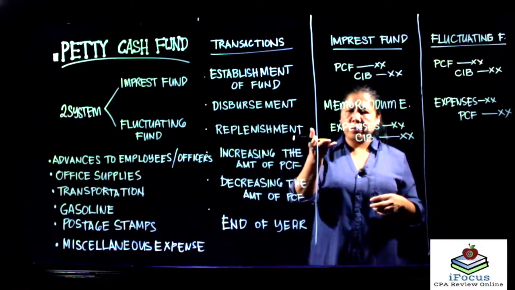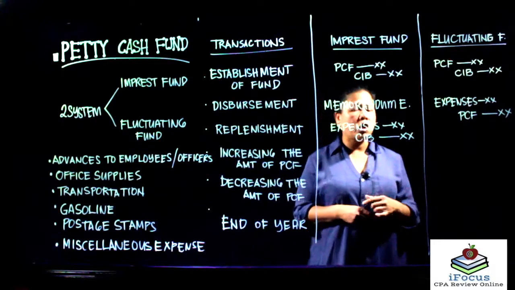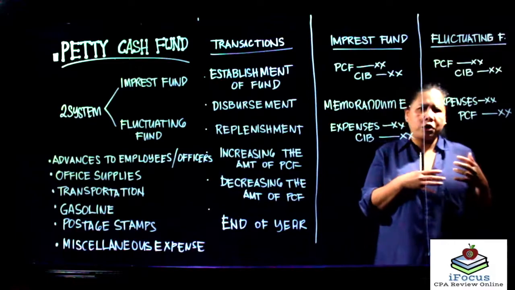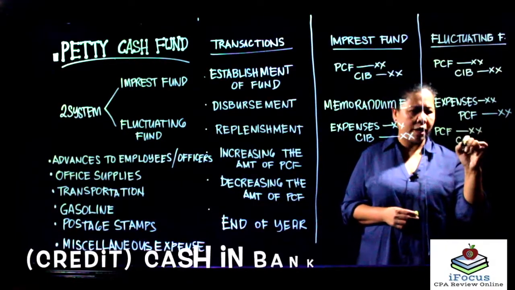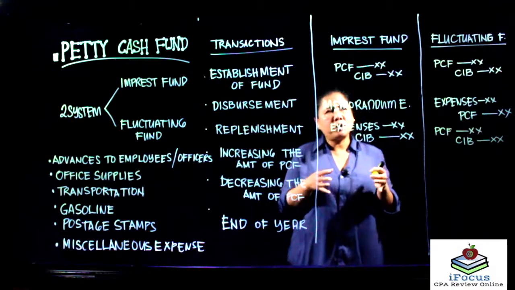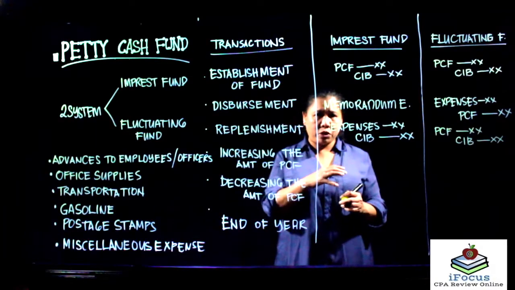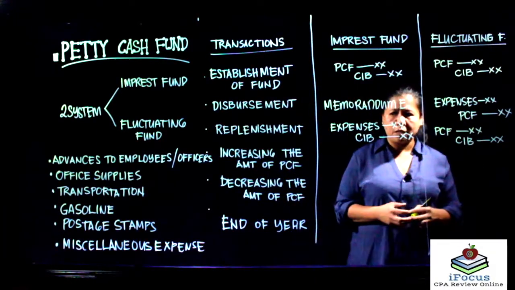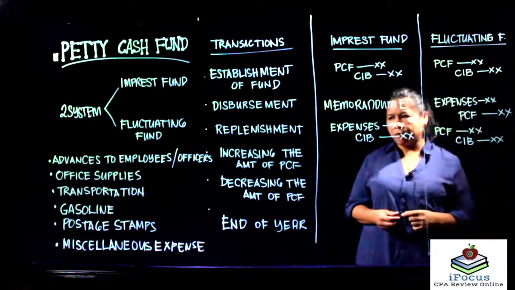On replenishment, we debit expenses and we credit cash in bank. On the other hand, on fluctuating fund system, when we replenish the petty cash fund, we debit petty cash fund. So under imprest fund system, we recognize the expenses when we replenish the petty cash fund. Under fluctuating fund system, we recognize the expenses as they occur.